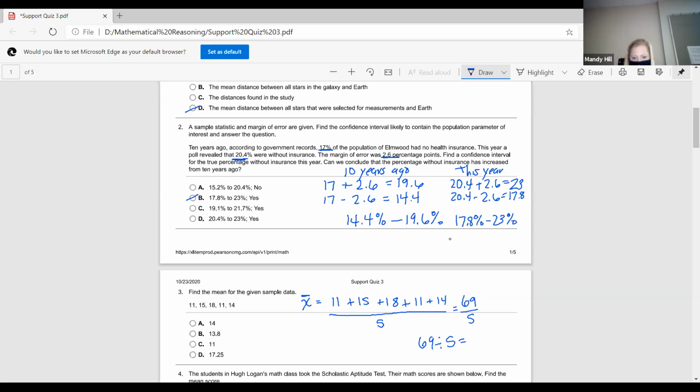X bar is just another way to write mean. In the calculator, it's going to say X bar when it's talking about mean. If I add them all up and I divide by how many there are, we've got 13.8. Questions about that?